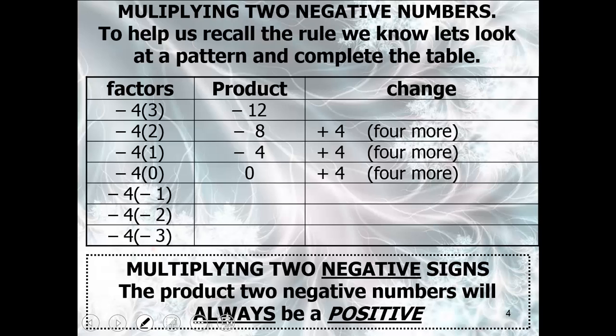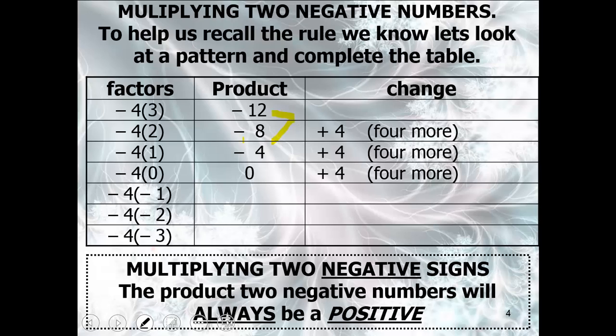Now let's follow a pattern and look to see what happens when we multiply two negative numbers together. We're going to start by looking at negative 4 times positive 3. Now, these are opposite signs, and we just learned that they give a negative answer, right? Negative 12. Negative 4 times 2 is negative 8.